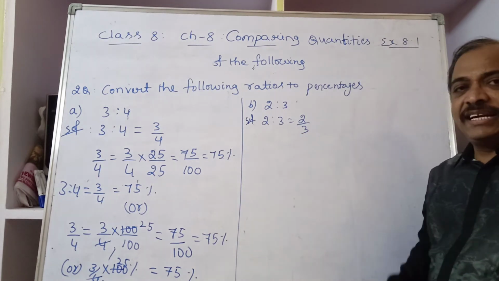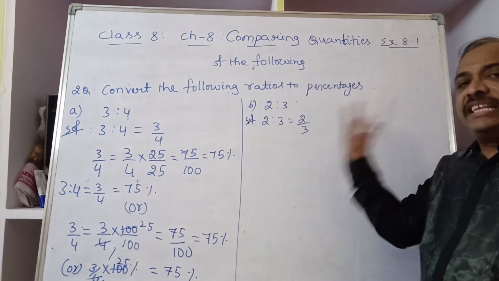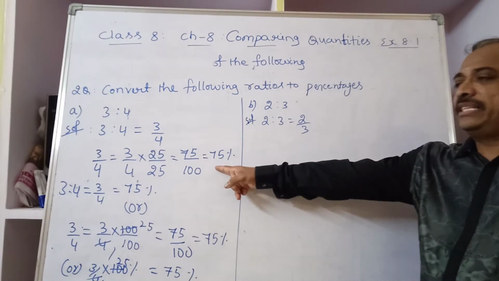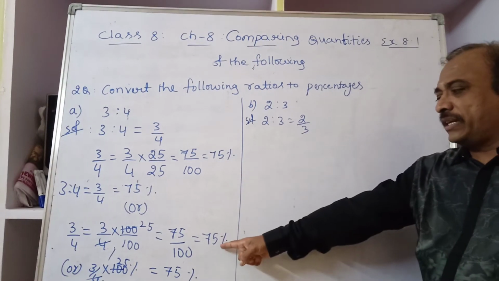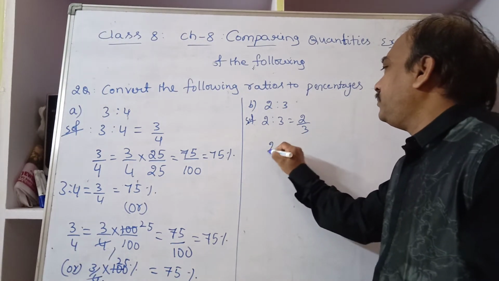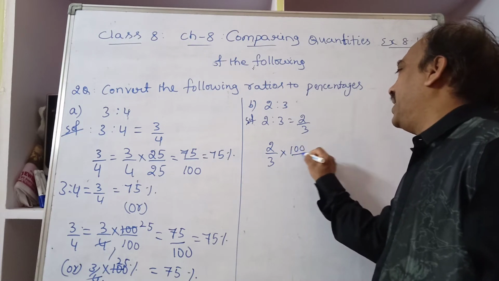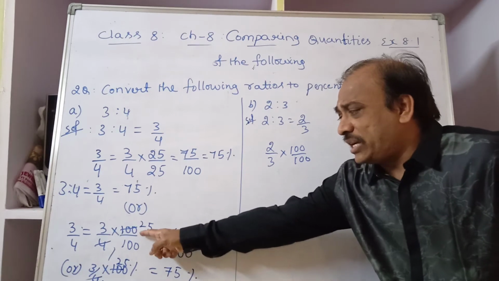If you multiply 3 with any other number, do you get 100? It's not possible. So this method we cannot follow for this. You can go for this or directly this. So 2 by 3 into 100 by 100.